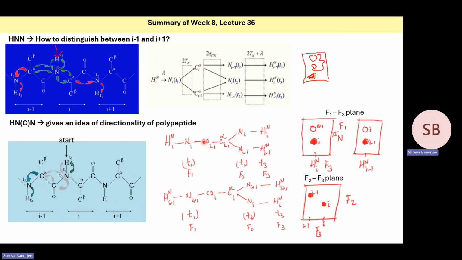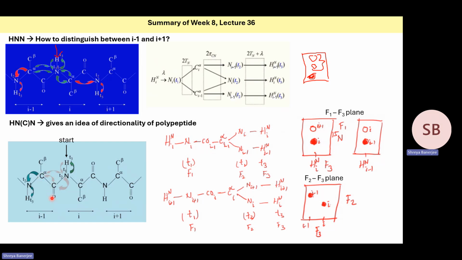So you are not placing any time axis on the carbonyl. So the carbonyl is not getting detected. But the transfer of magnetization from N to C alpha occurs through the carbonyl. So the carbonyl is kind of like a medium for the transfer of this magnetization. So magnetization from N first comes to the carbonyl or CO of I minus 1. And from CO, it then goes to C alpha of I minus 1.